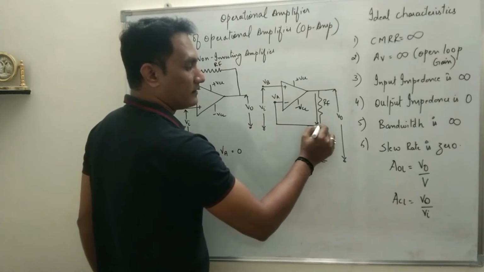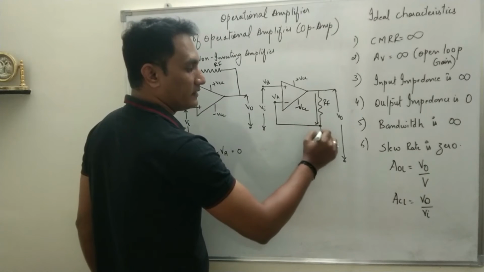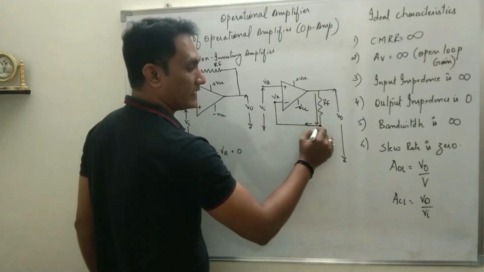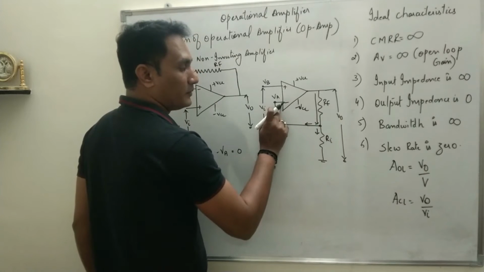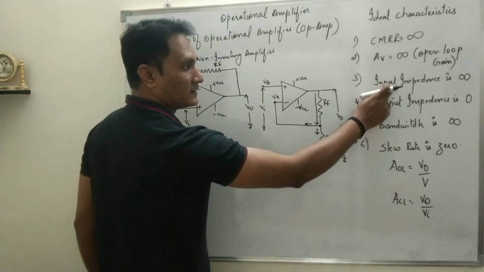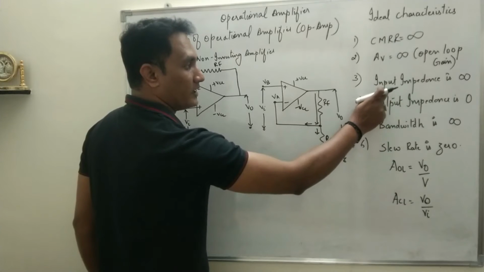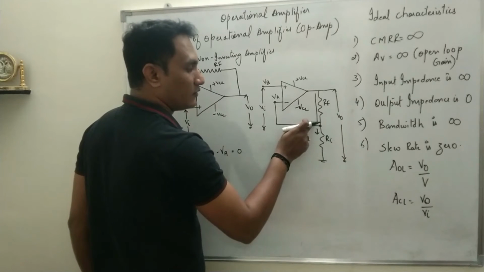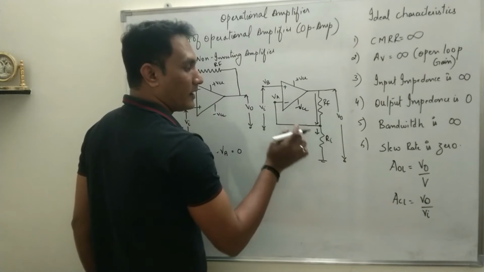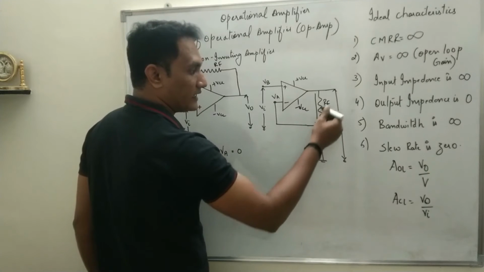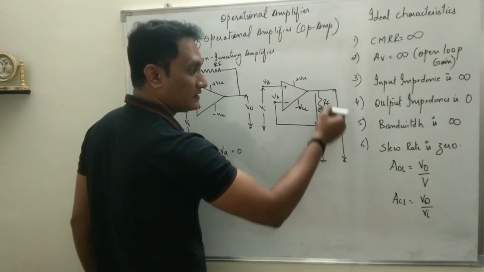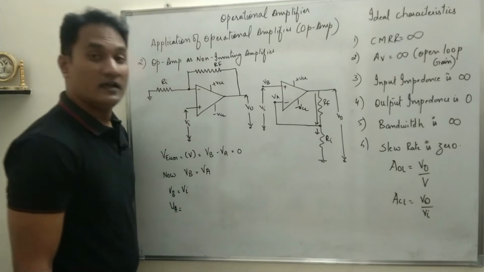At this point there is a bifurcation, so current could flow like this. But as the input impedance of op amp is very high, as per the ideal characteristics of op amp, the input impedance is infinite, no current will flow through the op amp. All the current will flow through the Ri. That means two resistors are connected in series and the same current is flowing through the resistances.